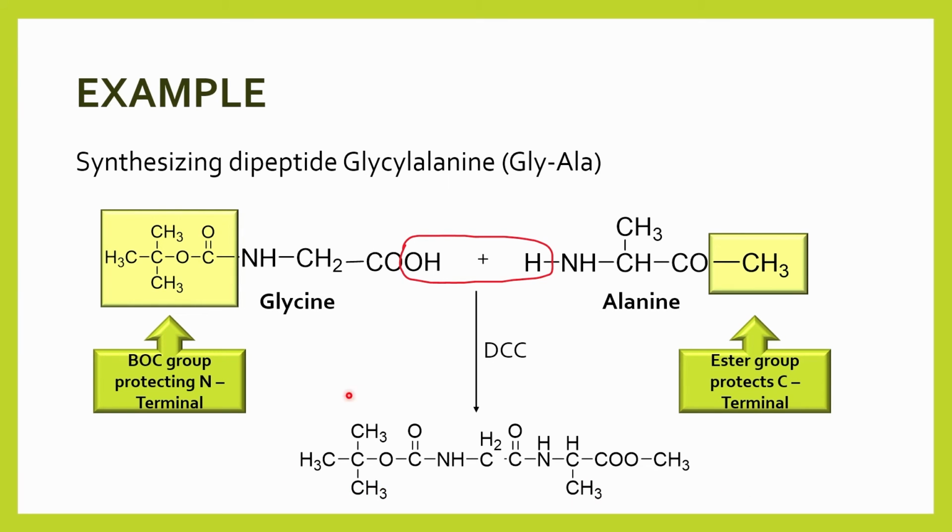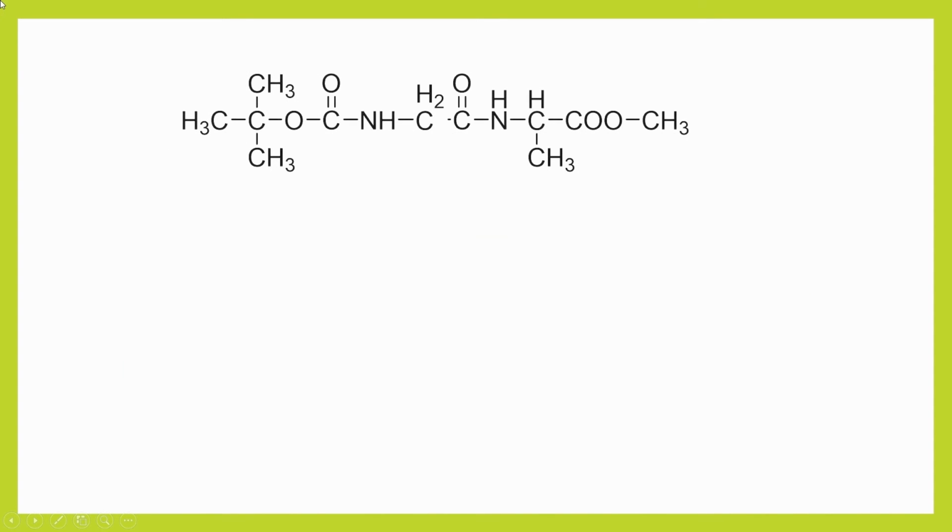We can see over here that the N terminal is protected by the BOC group and the C terminal is protected by the ester group. So here we have our BOC and ester protected dipeptide. Now we have to deprotect these groups to get our original dipeptide. So we'll simply pass it through HBr in acetic acid, and let's see the details of how this reaction takes place.